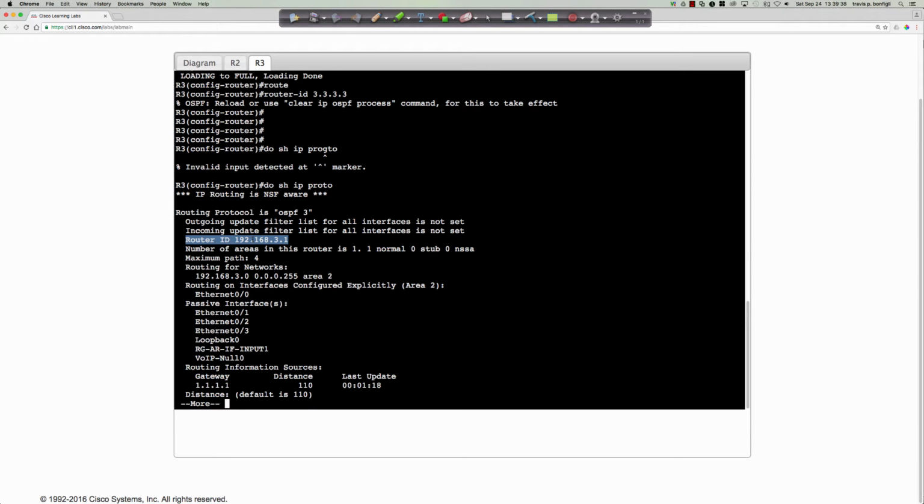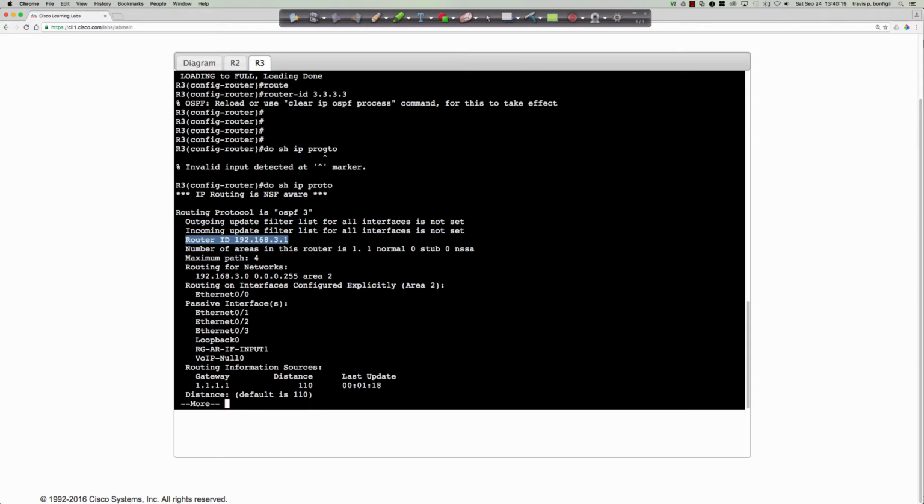And so it's being used as my router ID. Now, just like the router ID for EIGRP, it's going to be a 32-bit value in dotted decimal notation. Just like EIGRP, it certainly looks like an IP address. It is not. It's not being used as an IP address. It's simply a 32-bit value that takes the form of a dotted decimal IPv4 address. So when we use 1.1.1.1 or 2.2.2.2 or 3.3.3.3, none of those are going to be used as IPs.